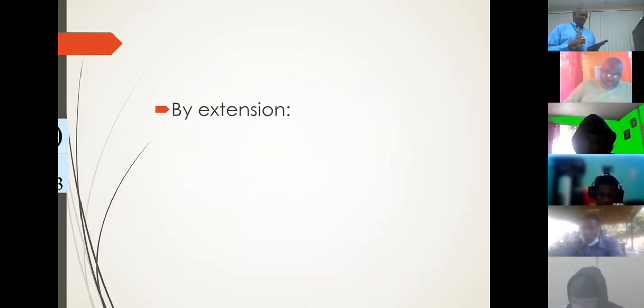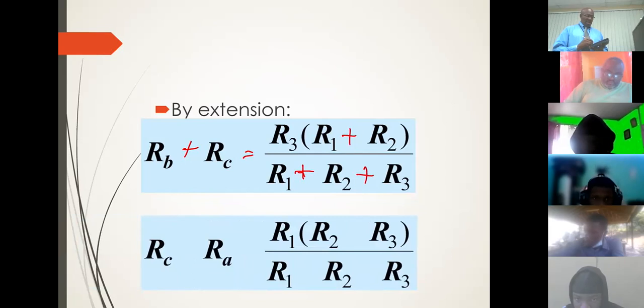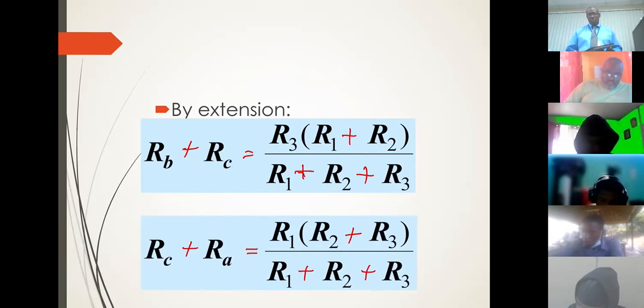So we have RA plus RC is equal to R3 product over sum. And then RC plus RB.